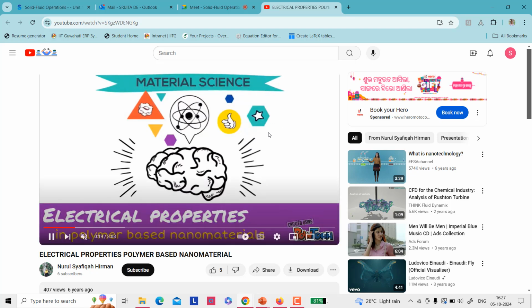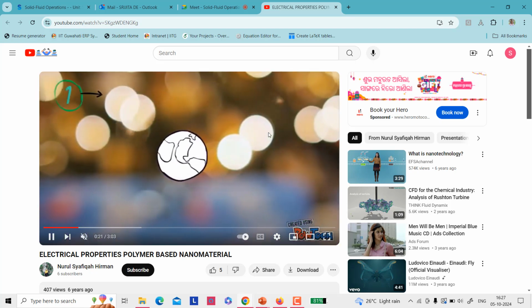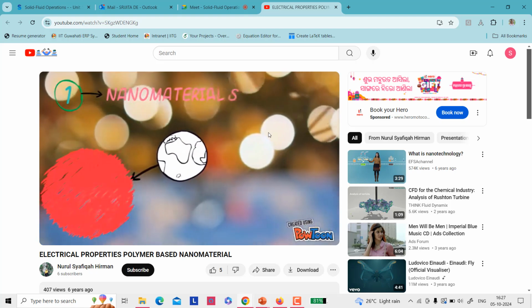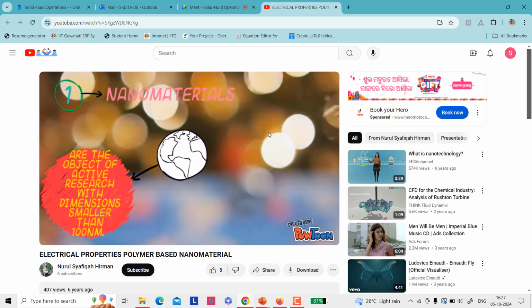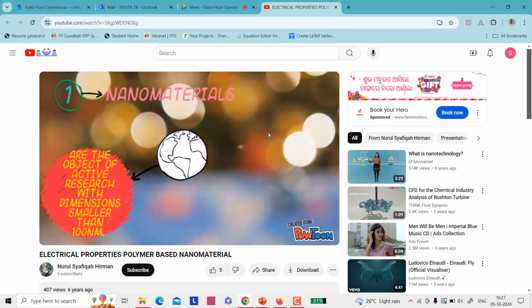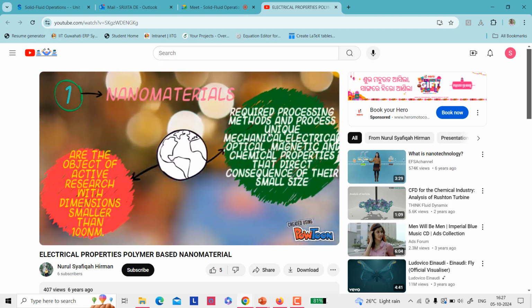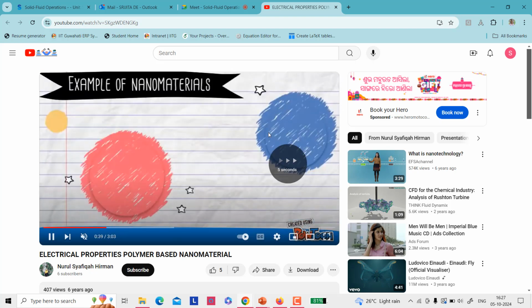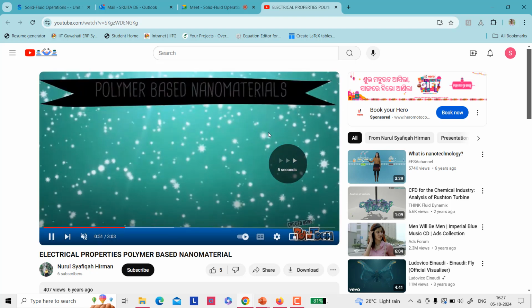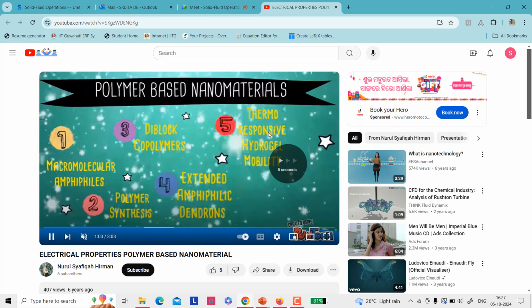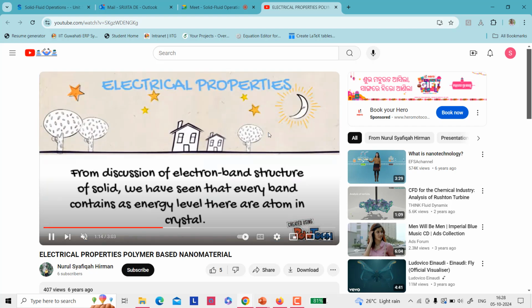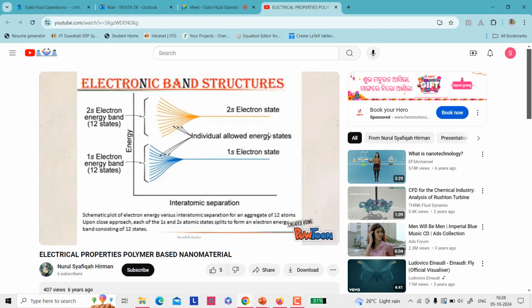Electronic band structures. So you have just seen in that video what the electronic properties are. Electrons are free in 1D and restricted in 2D. Principal quantum numbers. This is the 2D materials.